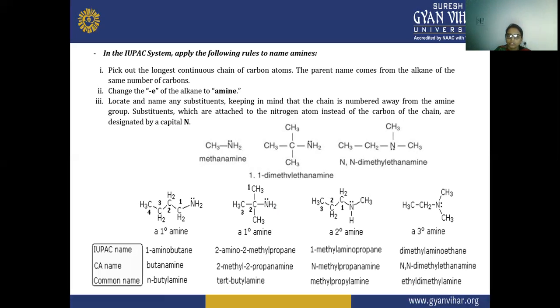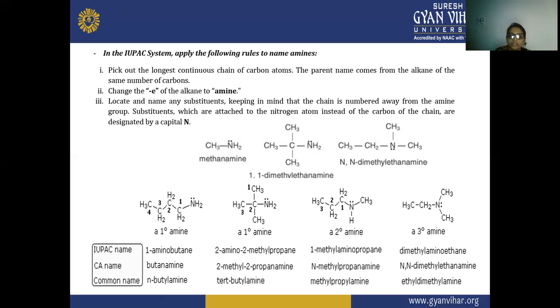Next, we have to replace the E of the alkane with amine. Then we have to locate and name any substituent, keeping in mind that the chain is numbered away from the amine group, and the substituents which are attached to the nitrogen atom instead of the carbon of the chain are designated by the capital N.